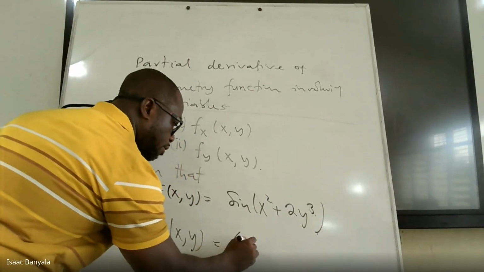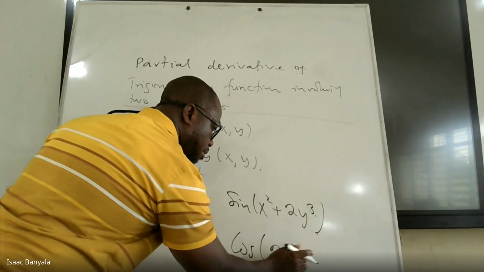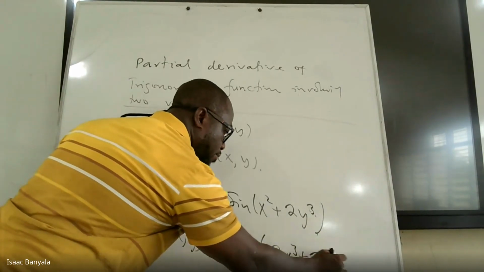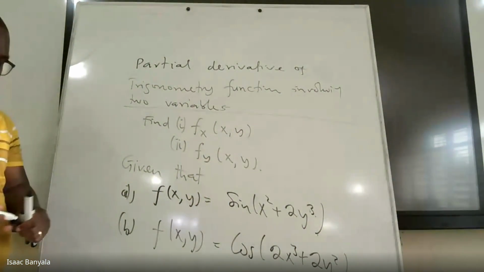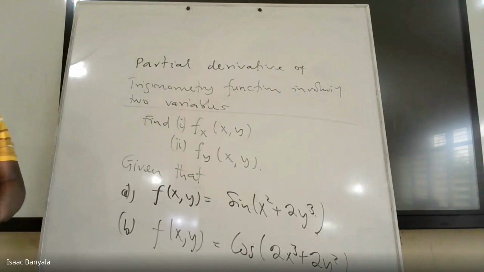So let's have cos of (2x cubed plus 2y squared). So we are going to look at how to find the derivative of this.